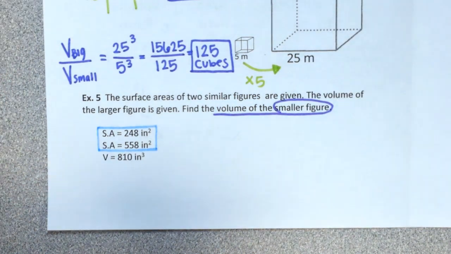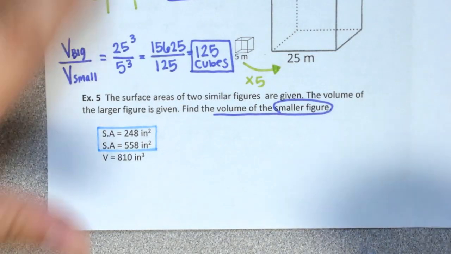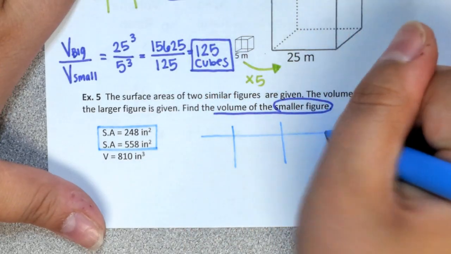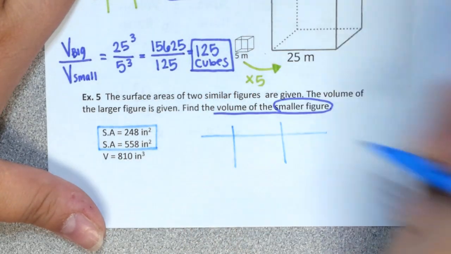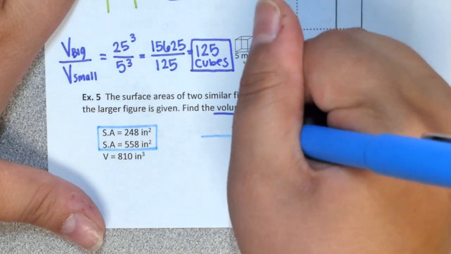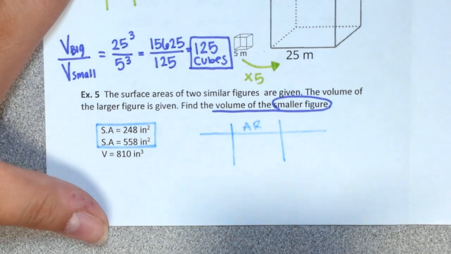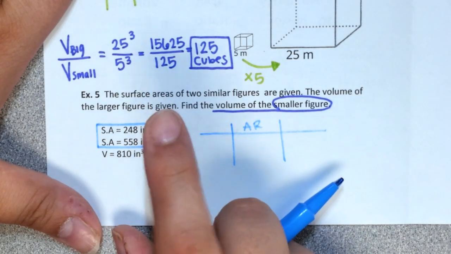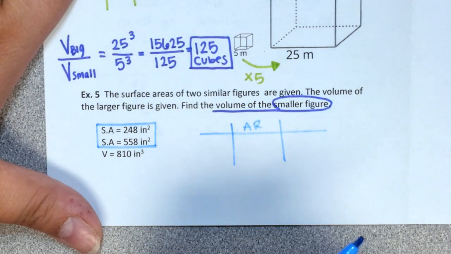What am I going to do here? Make a chart. And what do I have to fill into this chart? The surface area, I'm going to call it area ratio. My middle column, because it's surface area. It's area. Which one's going to go on top?